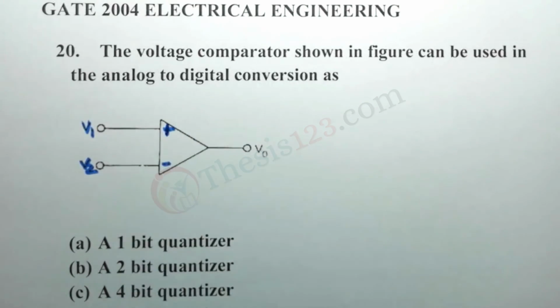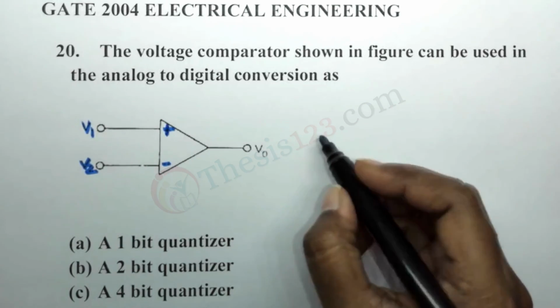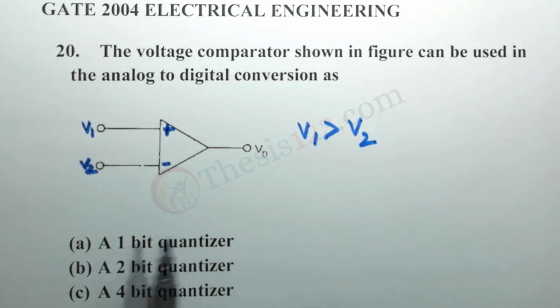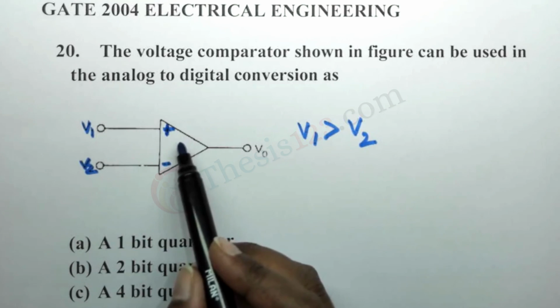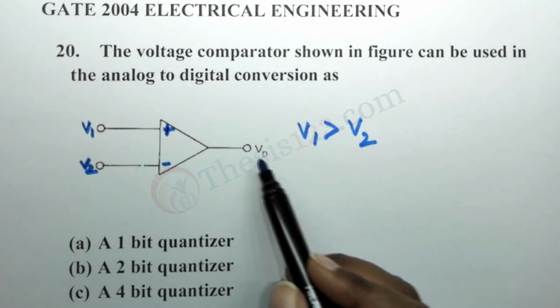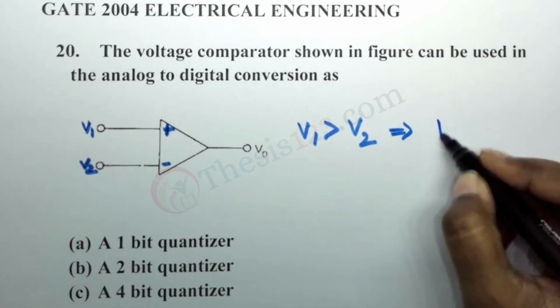So here V1 and V2 are the inputs. So you will have to take into consideration when one input is greater than the other in two different ways. So here let's consider when V1 is greater than V2. When V1 is greater than V2, here we will notice that V1 is positive, right? So the value of V0, or the output V0, is high. Okay.